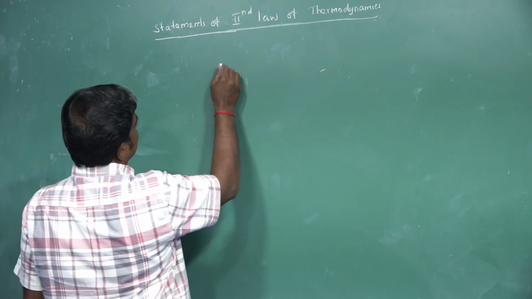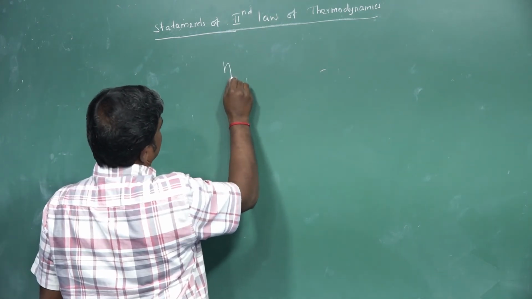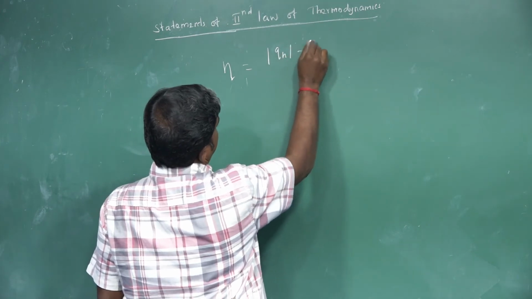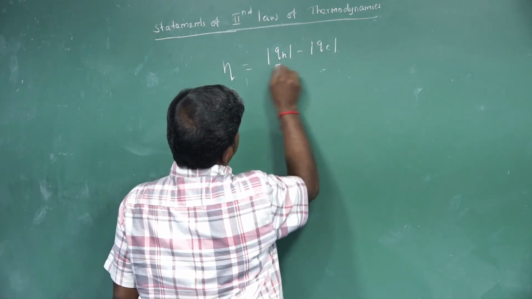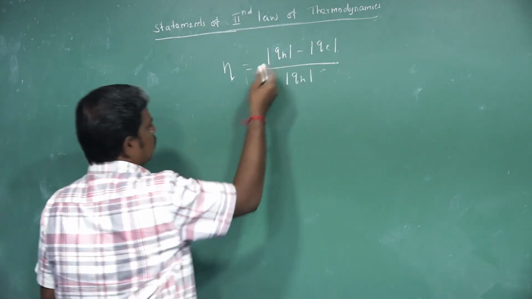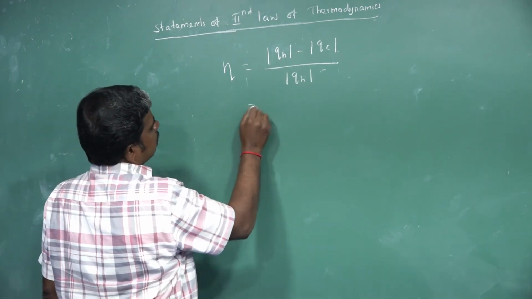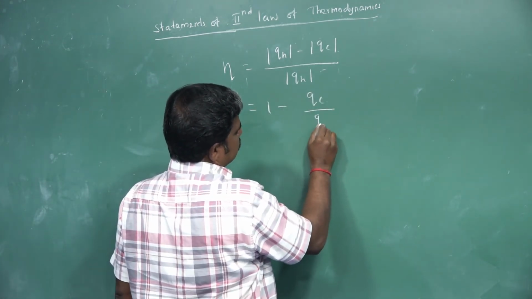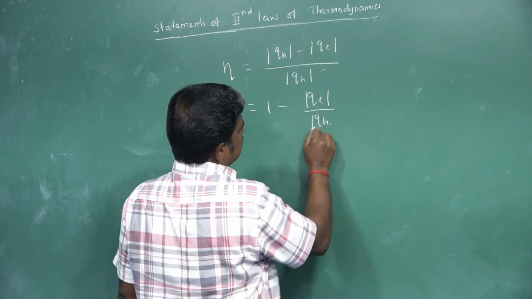Now the efficiency of a machine, eta, is equal to modulus of QH minus modulus of QC divided by modulus of QH. Then you know that it is 1 minus QC by QH.